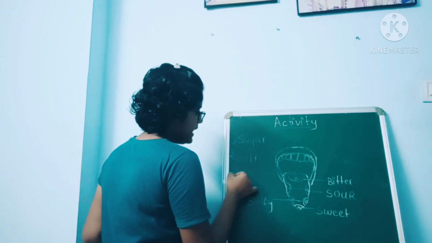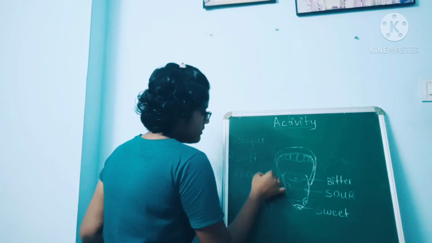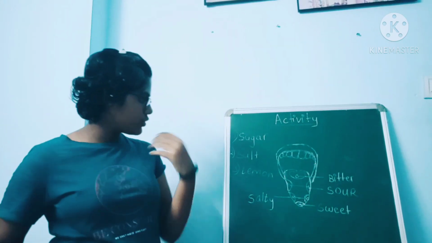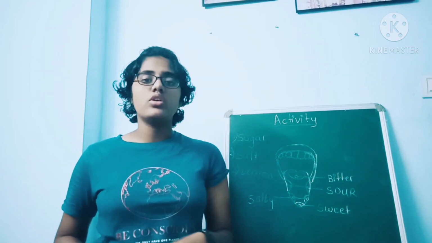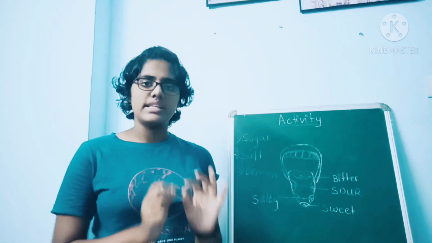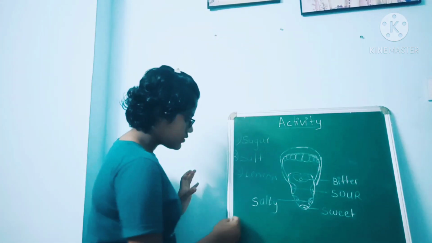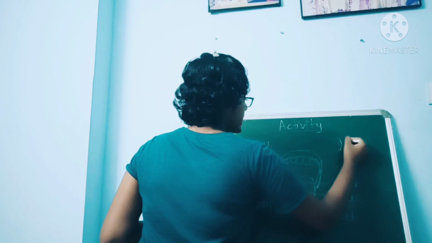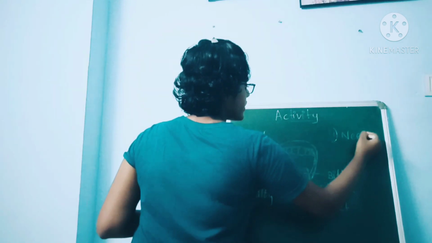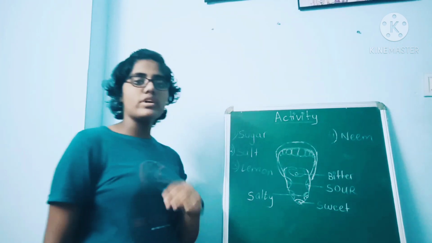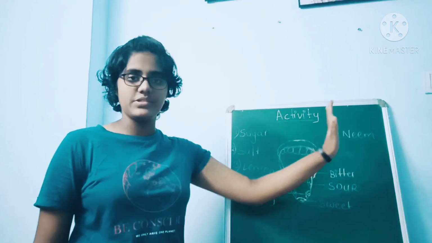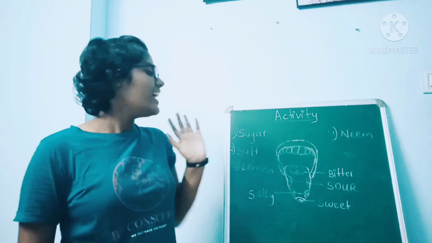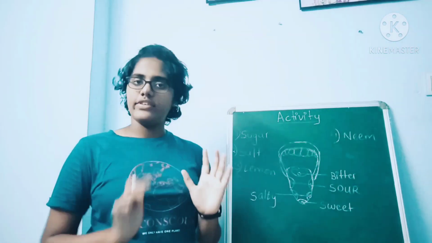Third one is the lemon juice. In the lemon juice, you do not mix any salt or any sugar. Just lemon juice, right? Next one is crushed neem. You know neem leaves. You have to crush it and make a separate juice. You don't mix anything in that, right? So these are the things needed for the experiment.